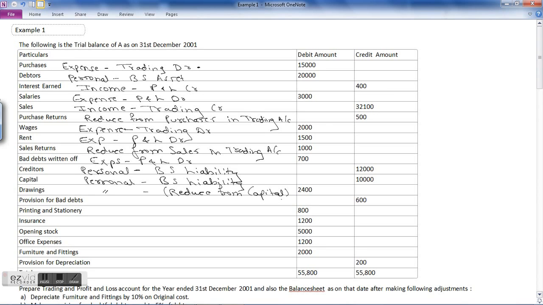This is one way of presenting the drawings, so as to show a net capital. So a person has, say, introduced a capital of rupees 1 lakh, but he has withdrawn some 200 or 300 rupees within the year. Then 1 lakh minus 200 rupees which is withdrawn, so the net will be your capital during the year.